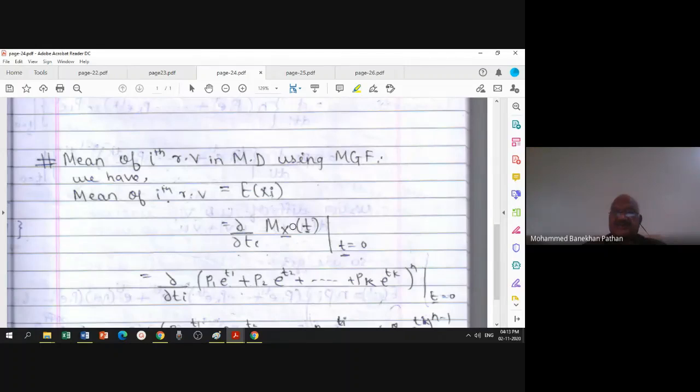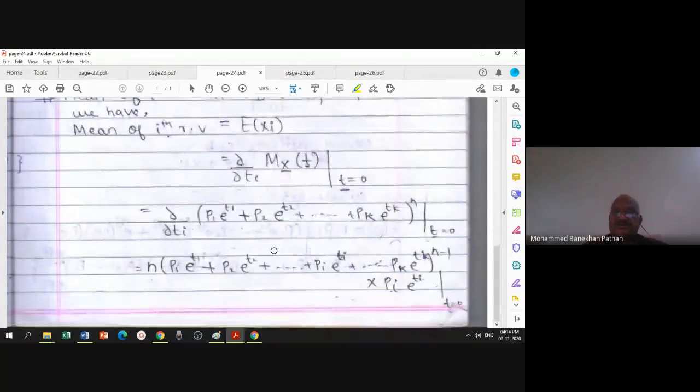That means X vector has k elements, t vector has k elements. After differentiation, we replace all the values of t vector as 0. And then we get the answer for mean by using MGF, not by expected value.